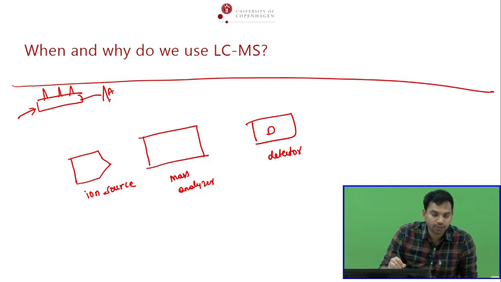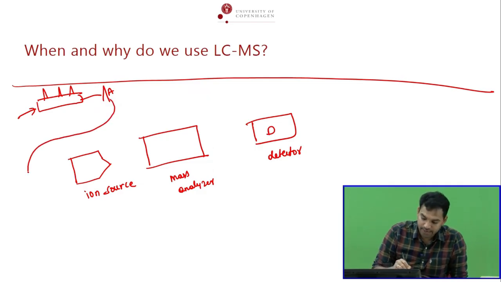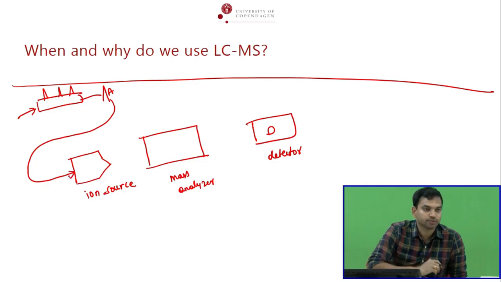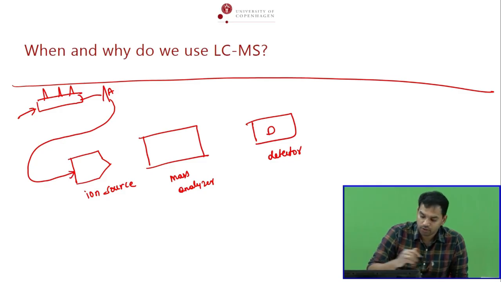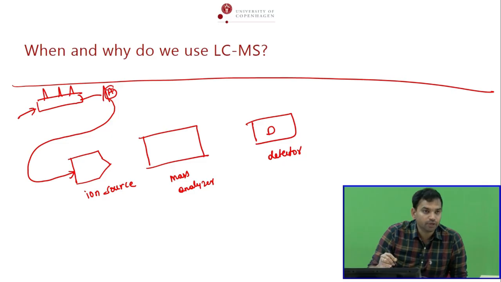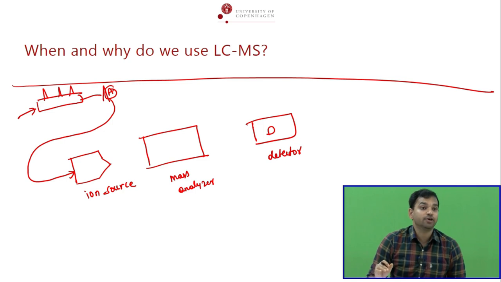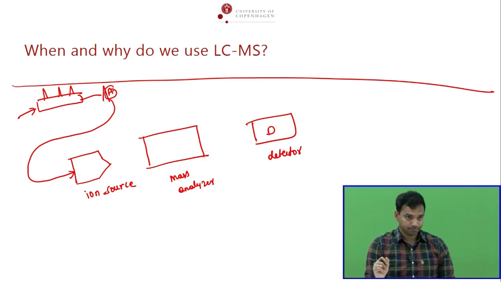The analyte just comes out of the HPLC column. It enters the ion source. Please note that the analyte that comes out of the column may not be charged. It could be neutral, right? Mass spectrometer can separate an analyte when it is ionized. Note that point.